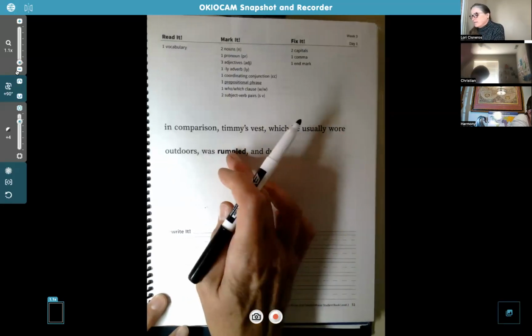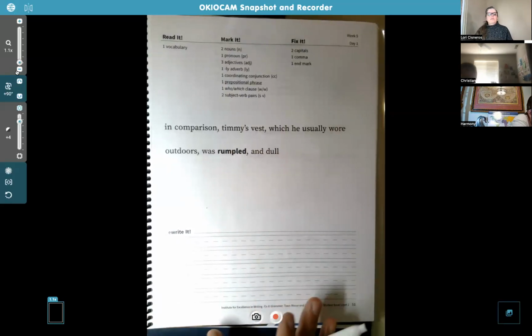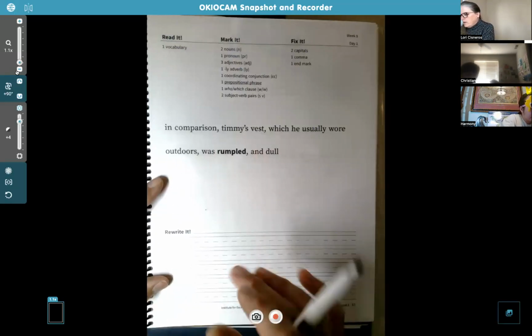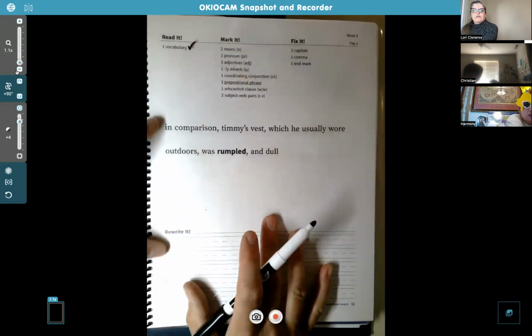What do you think, Christian? It means all crumbled up, and when you open it, there are crumbles everywhere. Yeah, kind of crumbled up. That's a better description. Rumpled is like wrinkled or crumbled up, like you said, or scrunched up, like when you rumple a piece of paper, you just turn it into a ball, something like that. Rumpled. It's a word that we don't use too often, but okay, good. Let's put a check mark there. Means wrinkled.